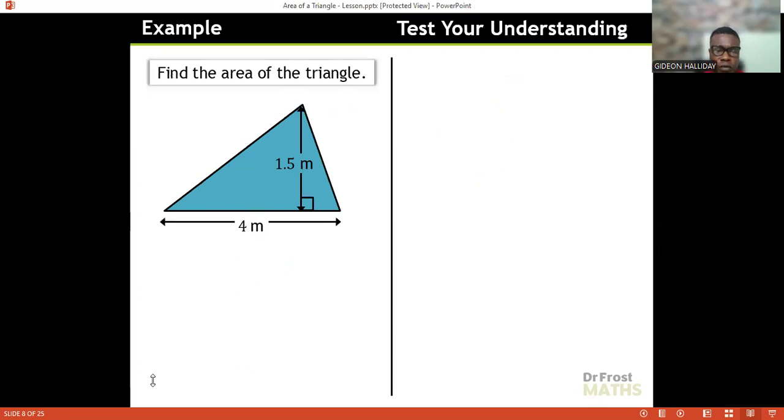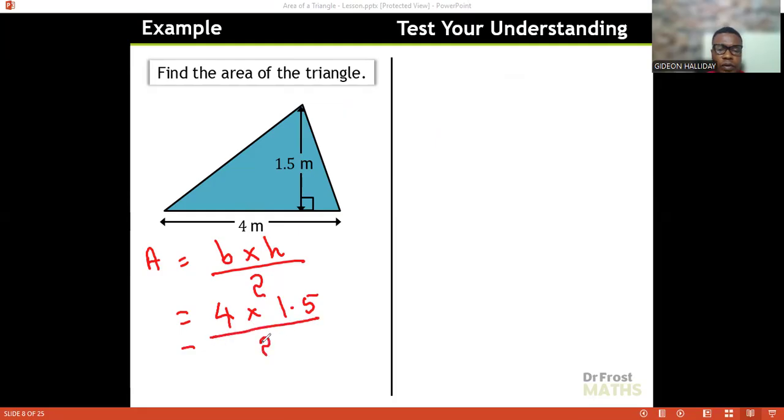All right, let's try this. Find the area of a triangle, right? So of course, area of a triangle would be area equals base times height divided by 2. Now, base is 4, and then the height is 1.5. Oh, sorry, divided by 2. Now, there are two ways to do it, but I prefer this first way.